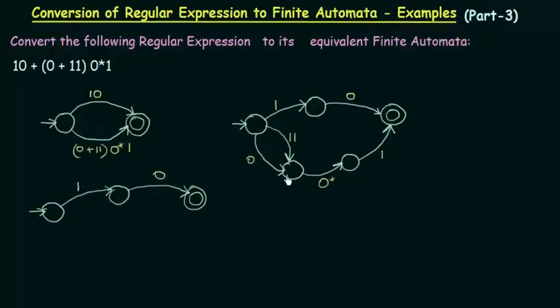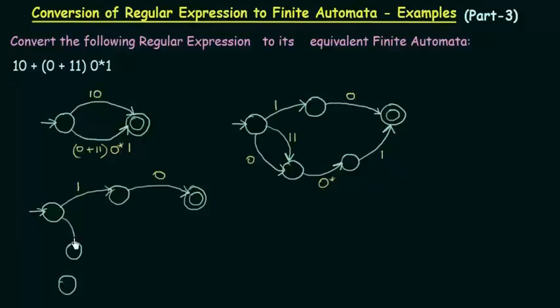Alright, so let us expand this. Here we see that we have 1 1. When we have symbols of this form, I told you we have to make two separate states for the symbols. So let me make a separate state over here, and this state will come as it is, like this.